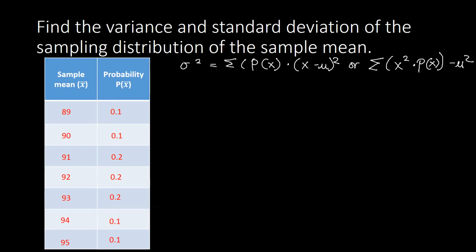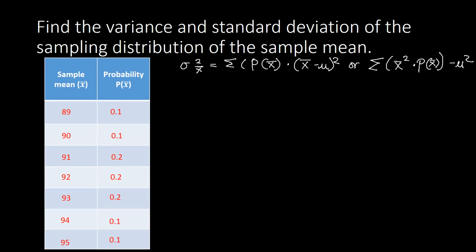And again, since we are dealing with sampling distribution here, our symbol for that one is with the subscript x bar. That signifies that we are looking for the variance of the sampling distribution of the sample mean. And again, we have x bar for this one and that one, and also this one, and also with that one.